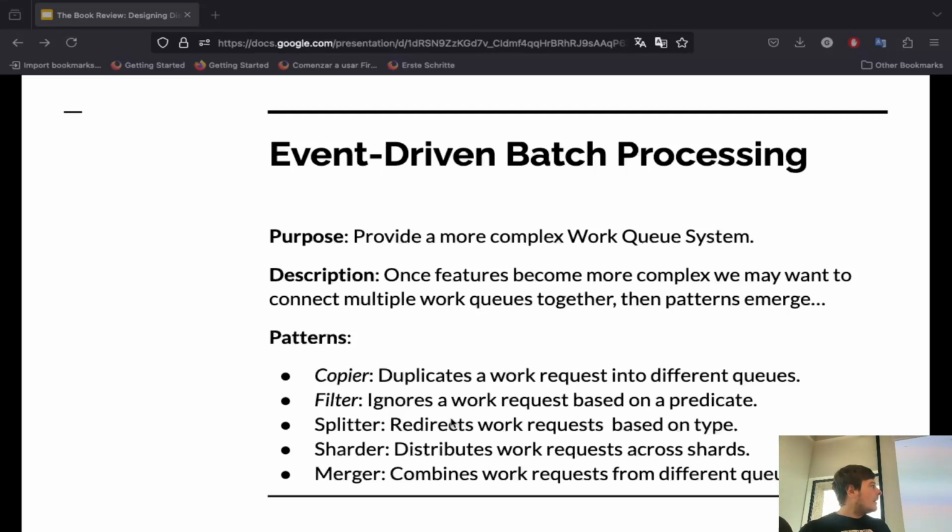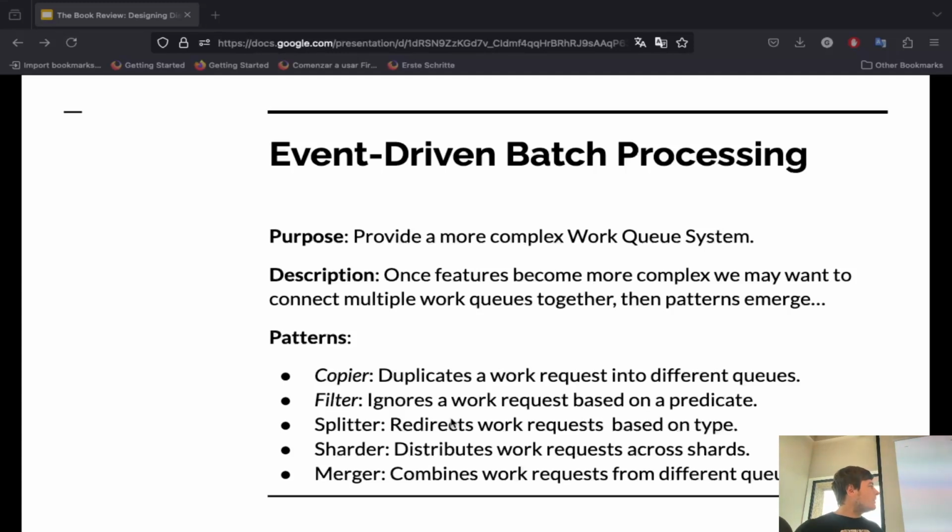So for example, it mentions this idea of a work item that could be a user registered into a system, and the copier could take that work item and duplicate it into another queue. The queue would be a send-email queue, and then another queue to send promotions or whatever. So it shows some examples.